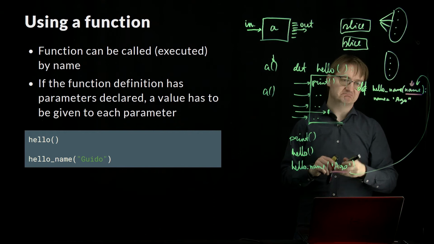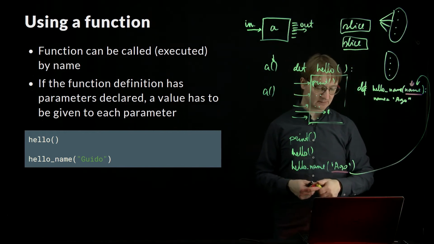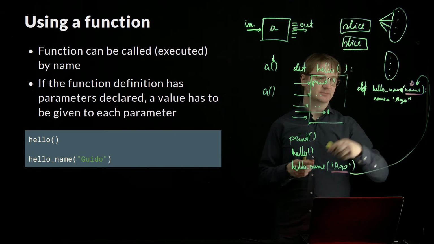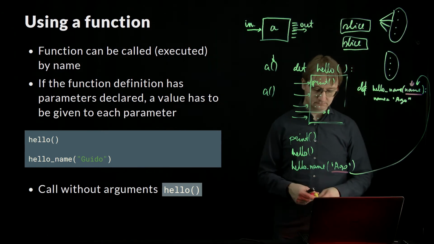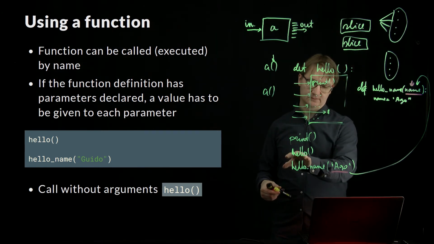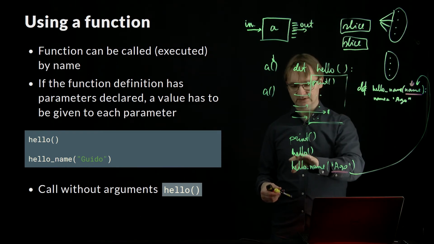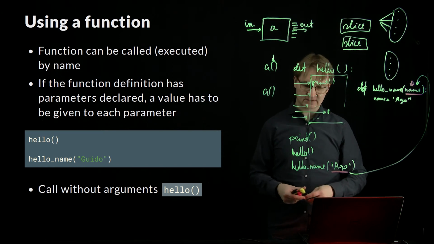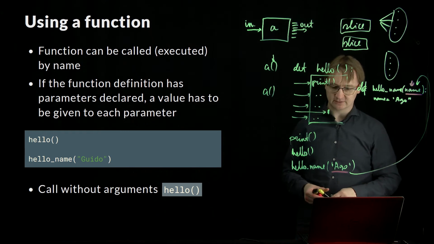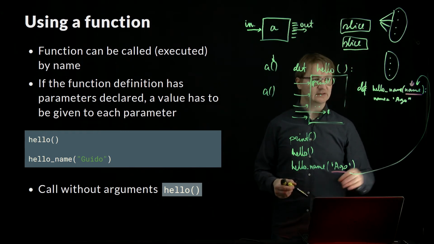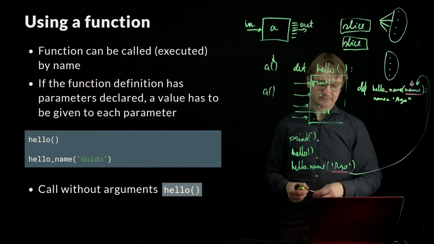And now I can use this variable inside this function, maybe print out, maybe calculate something or whatever. In the current example, we would just print out the name. Yeah, and to call the function without parameters, we just write the name. There's nothing inside the parentheses, but we have to have the parentheses here. Otherwise, it's not a function call. And if there is a variable, I have to pass a value there.